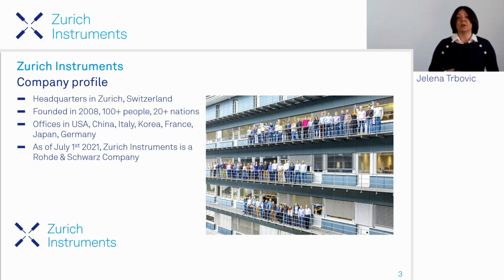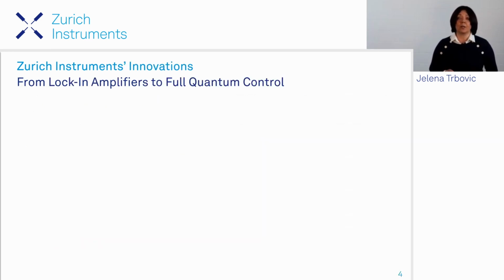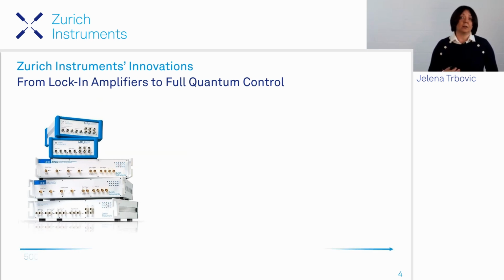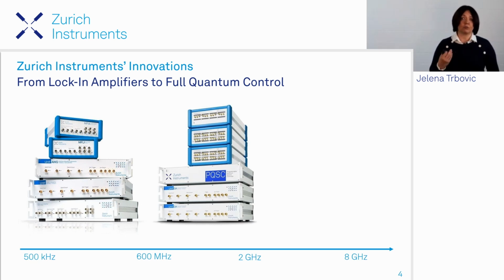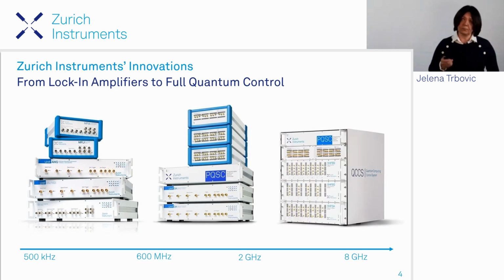Since last year, we are part of the bigger Rohde & Schwarz family, and together from now on, we will continue working on our products, mainly lock-in amplifiers that we started developing early on, that work in a broad frequency range up to 600 megahertz, but also working on quantum computing control electronics like AWGs or qubit analyzers, as well as quantum computing control systems that work up to 8 gigahertz.